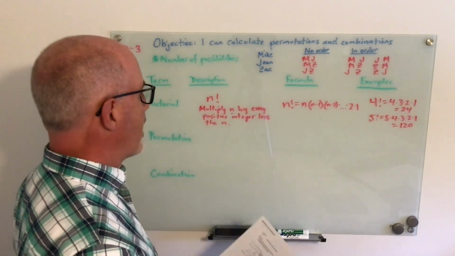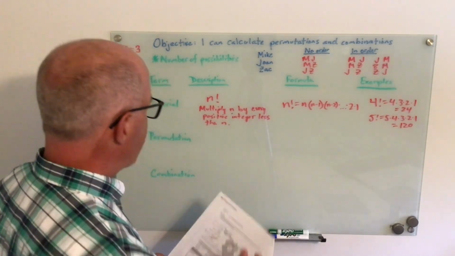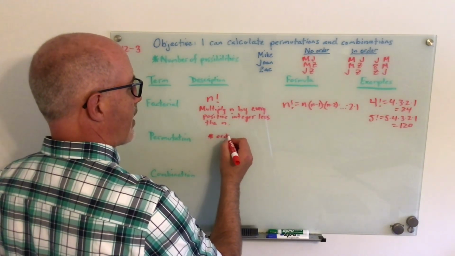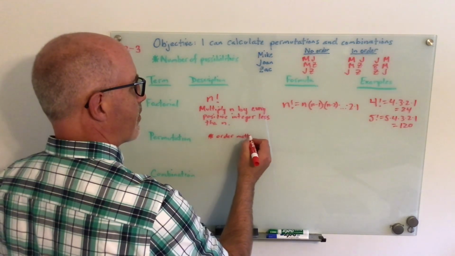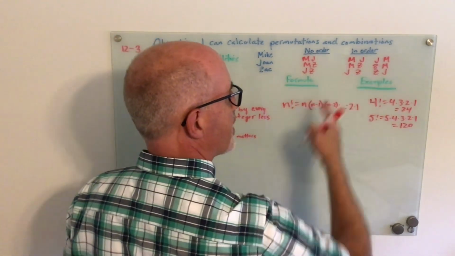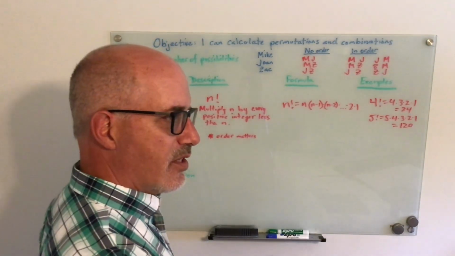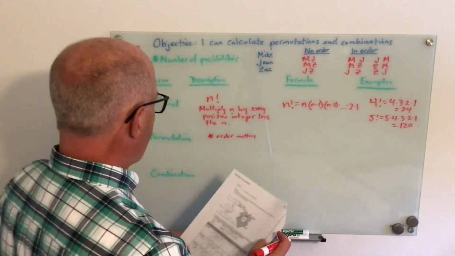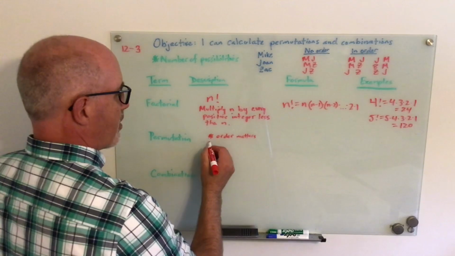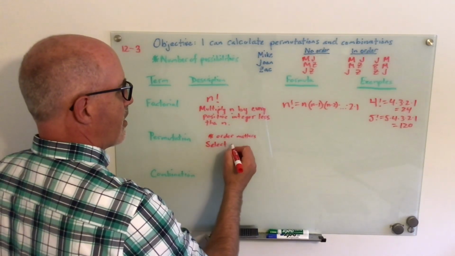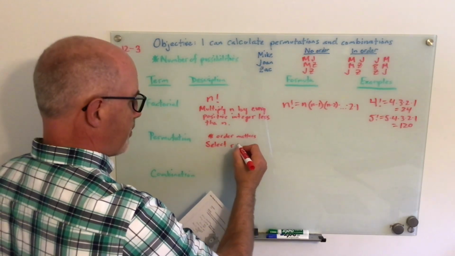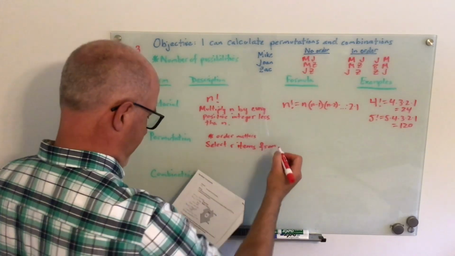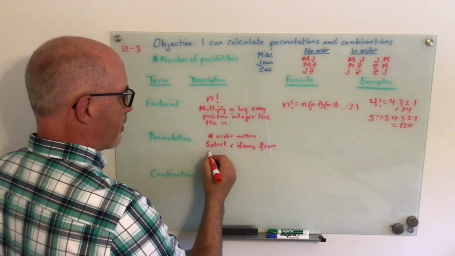All right, permutation now builds on that. Basically, this is the key idea here. I'm going to put a key idea. It's order matters here for permutation. So like up here when we did the example of sitting in seats, sitting on the left seat or the right seat makes a difference. So it's different if you have them in the left or the right. So what this is going to be is we're going to select our r items from n total items.